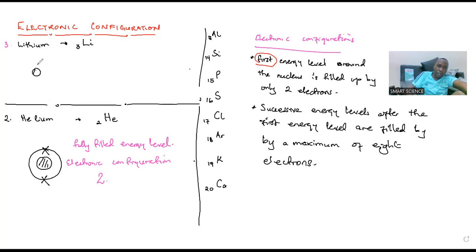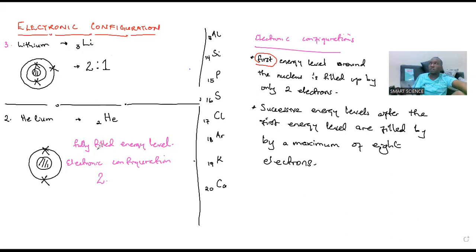Therefore, if this is the nucleus of lithium, the first shell must get 2 electrons. That's the maximum it can take up. If we subtract these 2 from the 3, it means 1 electron is left, and that electron will be placed in the second shell, such that the electronic configuration shows that lithium has 2 electrons on the first shell, and if you jump from the first shell to the second shell, you will only find 1 electron.